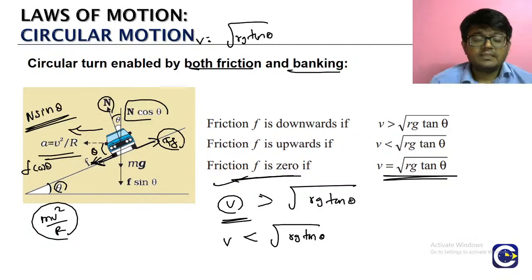But now the interesting thing for us is, what is the maximum speed we can have? Say there is a road which has a banking and there is friction also. On this, what is the maximum speed with which I can take a circular turn?